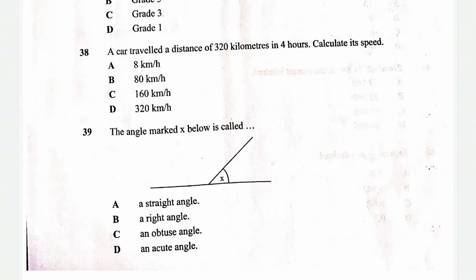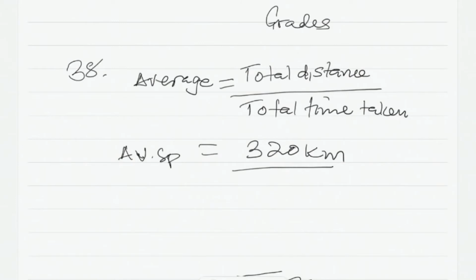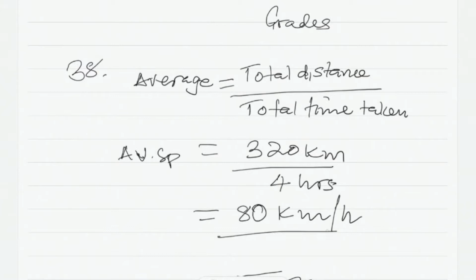Average speed equals total distance covered over total time taken. So since the total distance that was covered was 320 kilometers, we are going to divide by the total time that was taken, that is 4 hours.